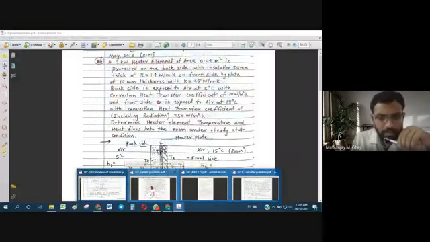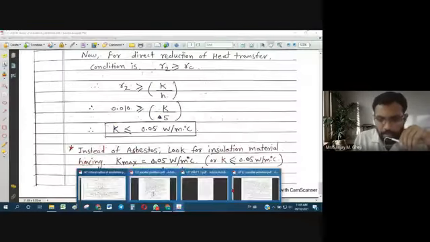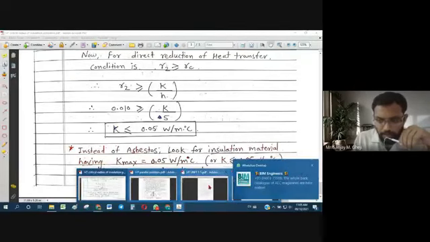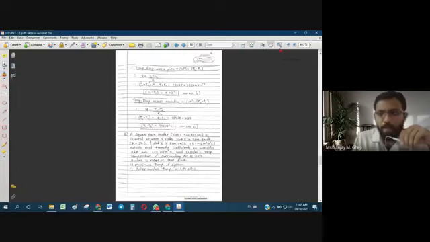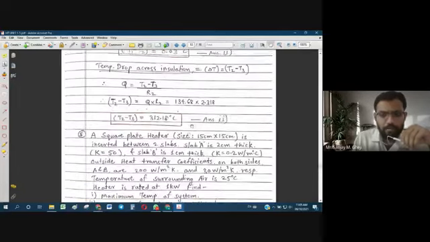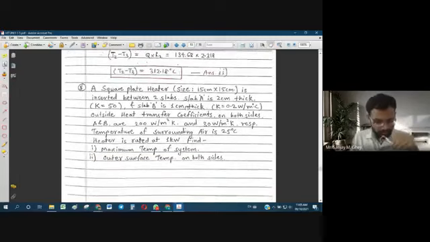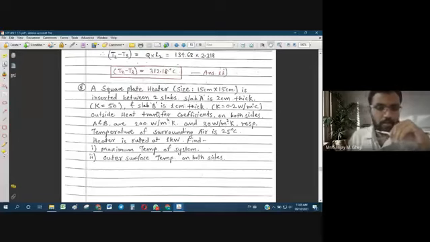Now let us cover some more problems, some other variety. So far, whatever problems we have seen were of the type of resistances in series.